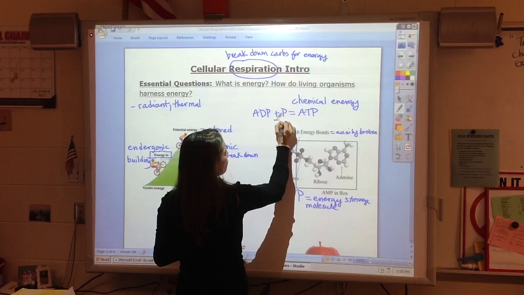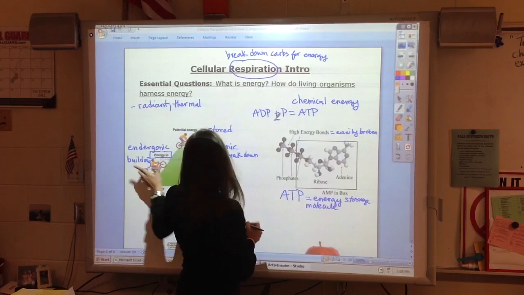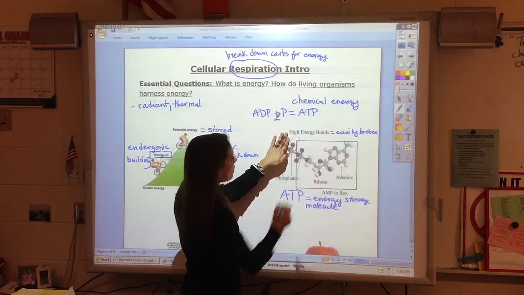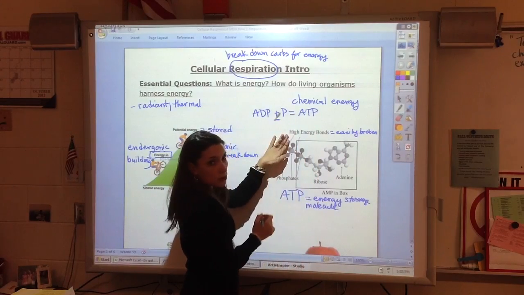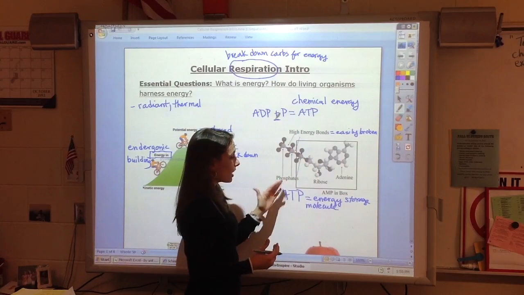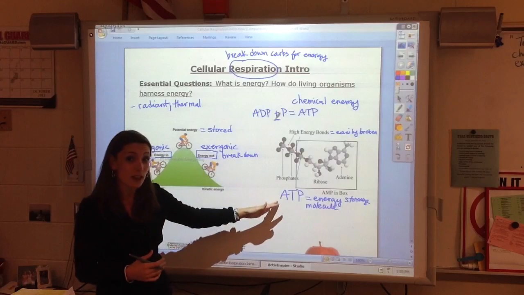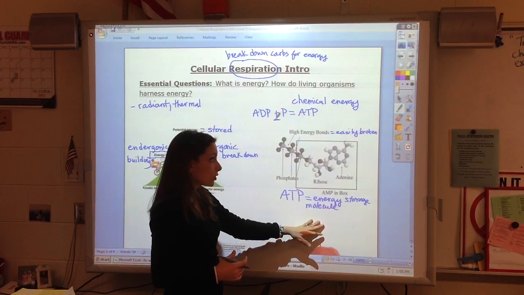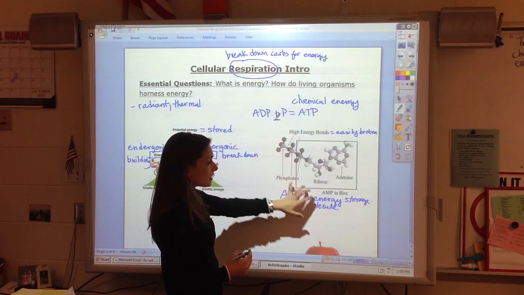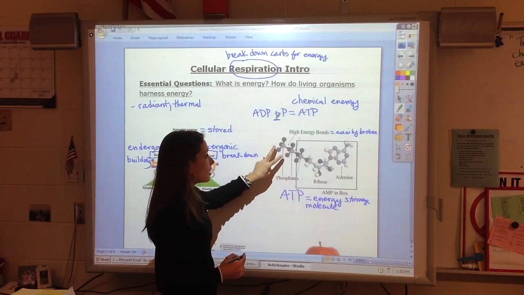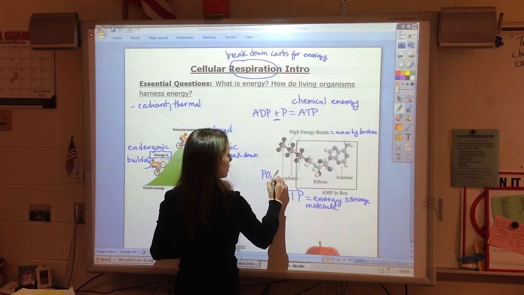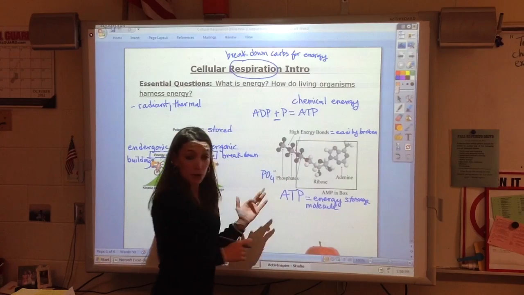And this is storing energy. I'm building something, I'm storing energy. When I break this down, then I can go backwards and release energy. So ATP is what every living organism uses as an energy storage molecule. And the reason that it's a good energy storage molecule is these phosphate groups, these PO4 negatives, are pretty highly charged.